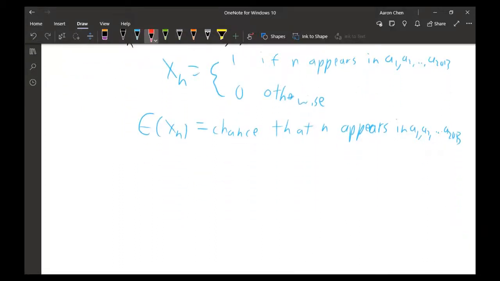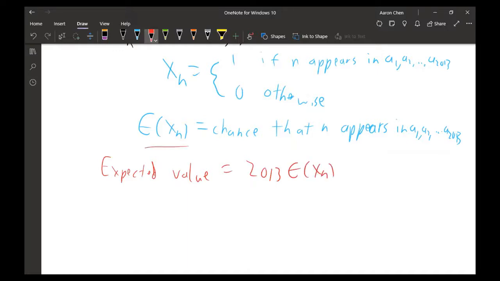So we can see that the expected value of the number of distinct values is simply equal to 2013 times E of x.